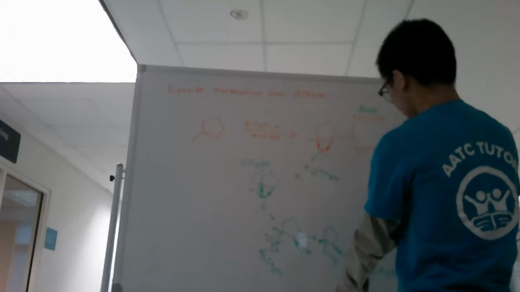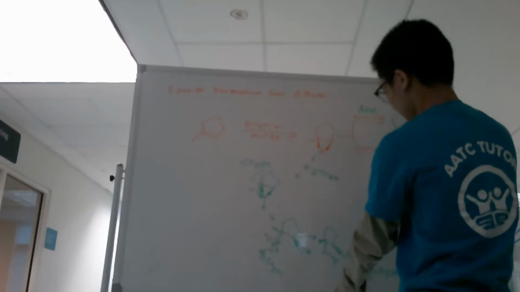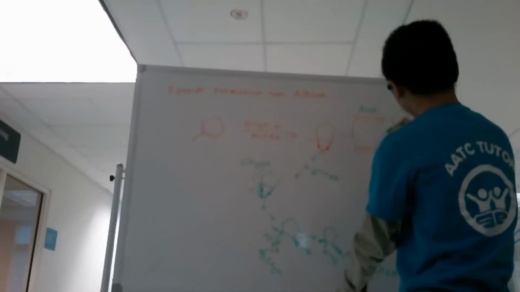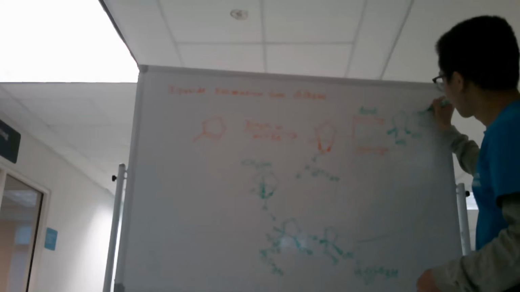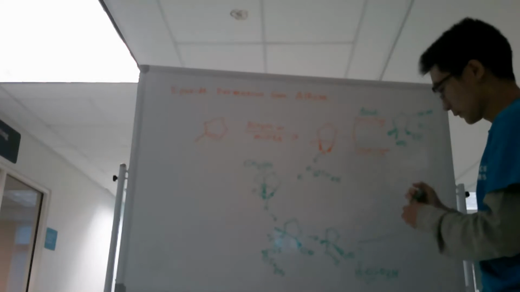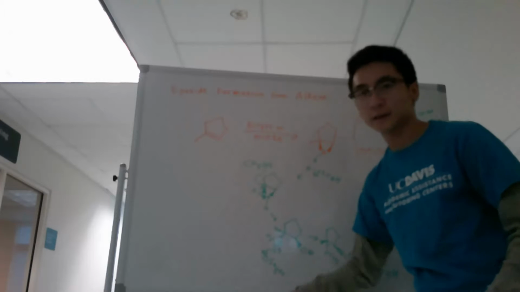So you get the OH. I think it ends up being an NH2 with the OH in here. And then we add this in. It automatically adds in because this is the same reaction.